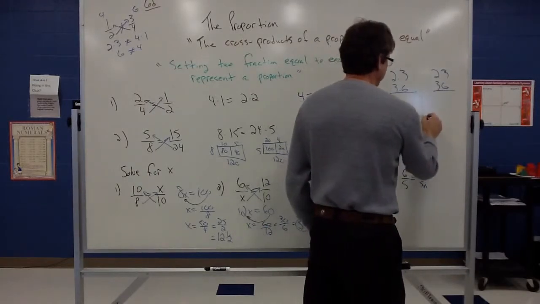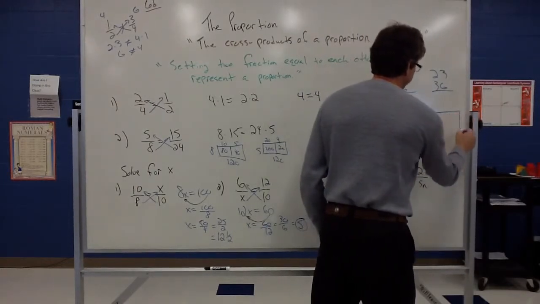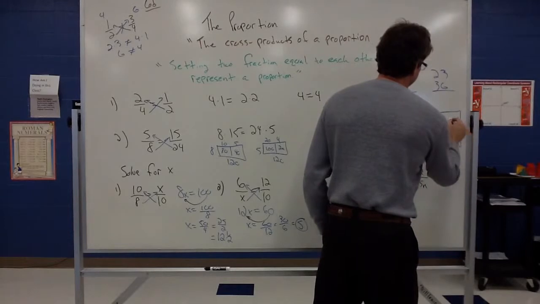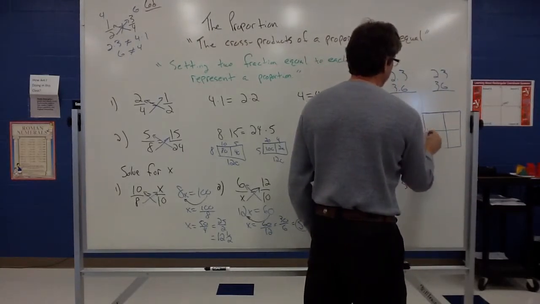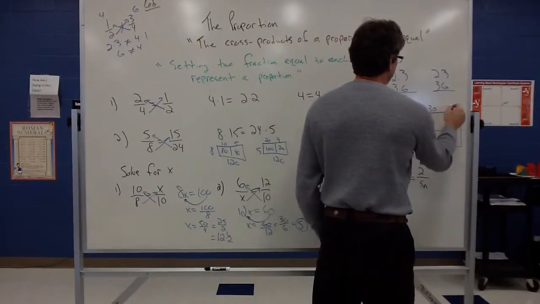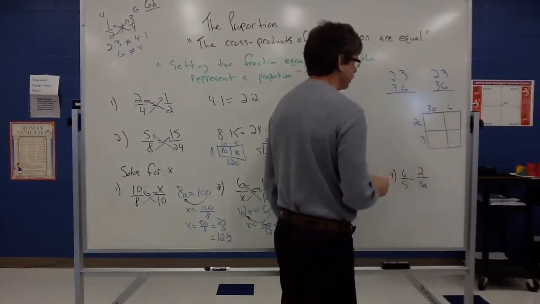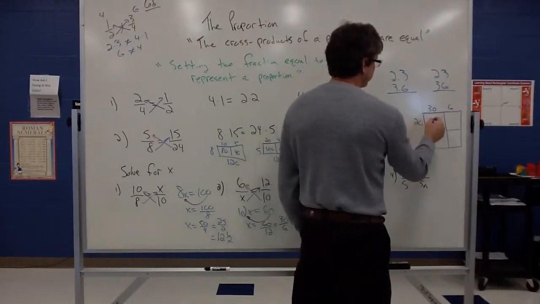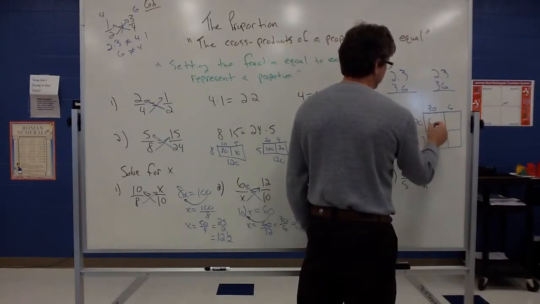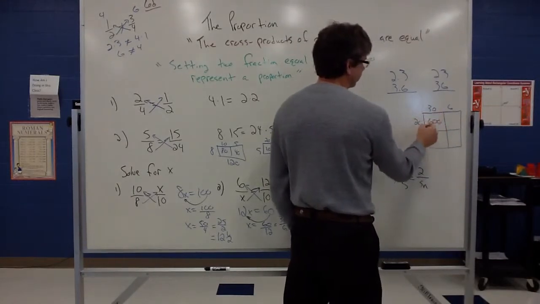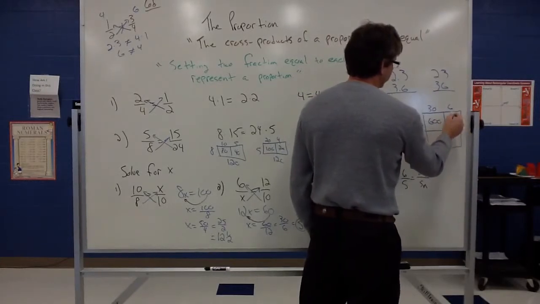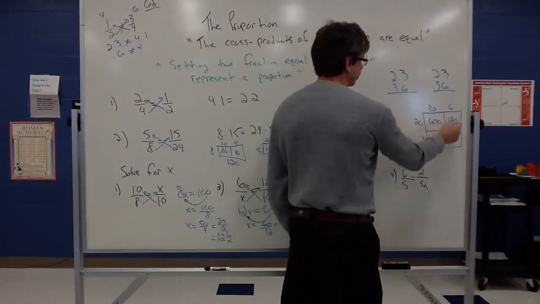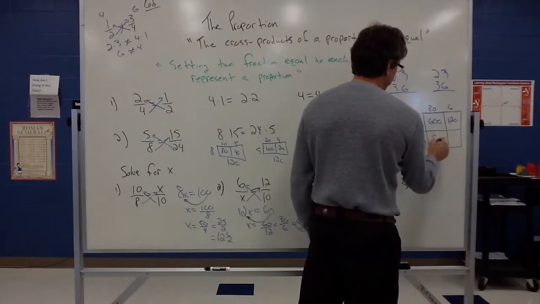And again, if I want, I can use the rectangular model for that. 23 is like a 20 and a 3. A 36 is a 30 and a 6. So I can go 20 times 30 is 600. 2 times 3 is 6, stick on the zeros. 20 times 6 would be 120. That's like saying 6 times 2 is 12, add a 0. 3 times 30 would be 90.